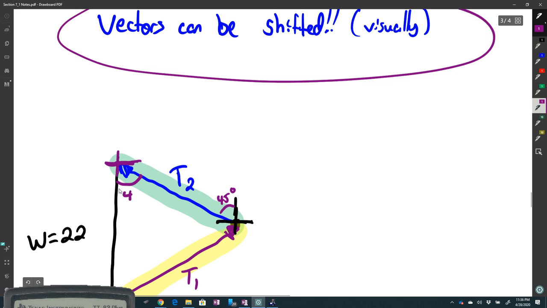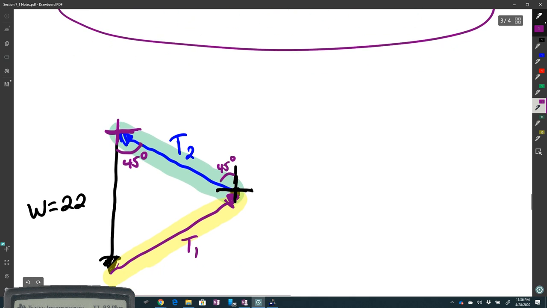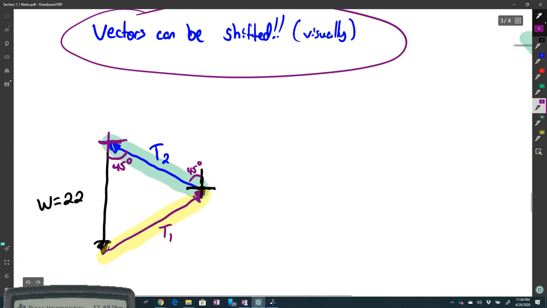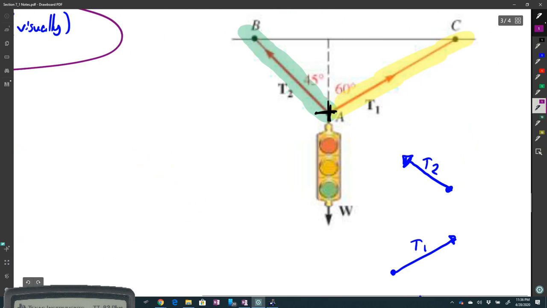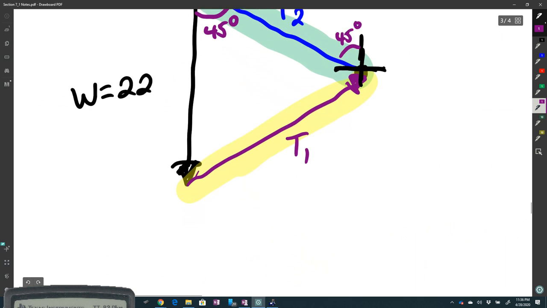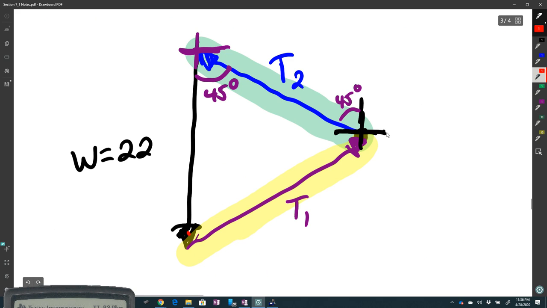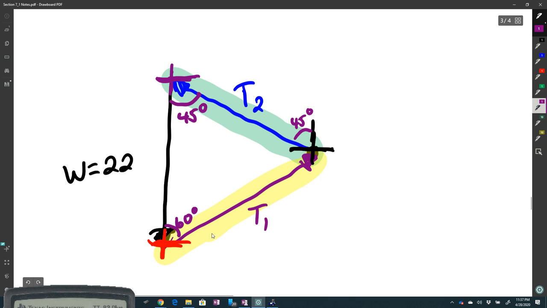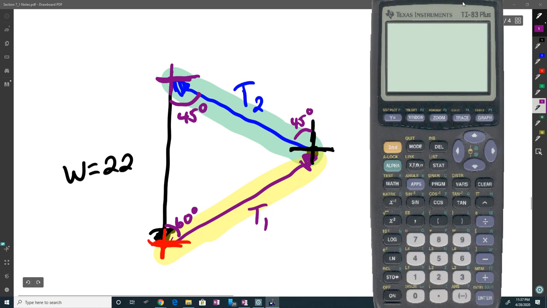So this has to also be 45 degrees. Now for the other one, the 60 degrees, it actually works out. Notice the 60 degrees from where it starts is in the first quadrant. So I go back here, I look at where this angle starts, and the 60 degrees is already the angle I want. So this is 60, this is 45, and I can figure out the missing angle.